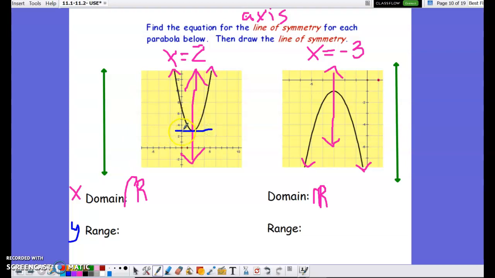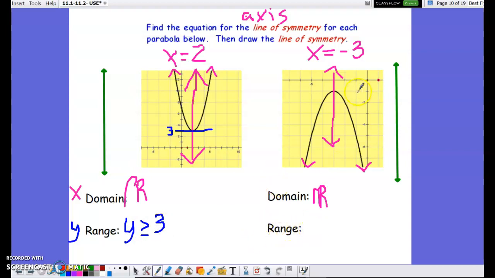It comes down all the way to the y value of 3. So for my range, I would say y is everything above 3, so y is greater than 3. This is stuff we've done before.